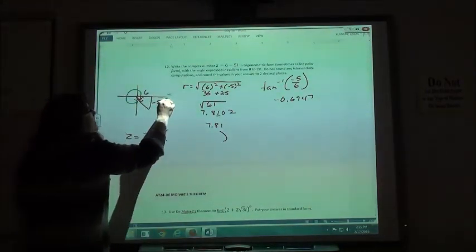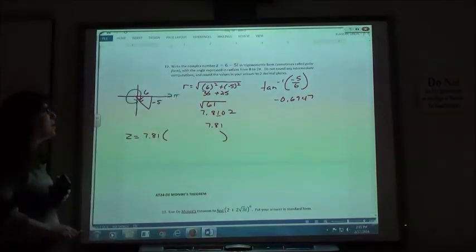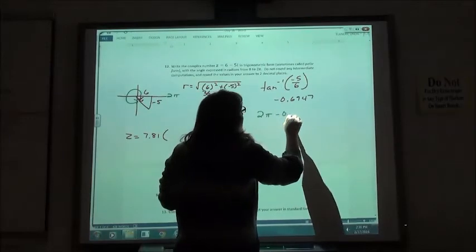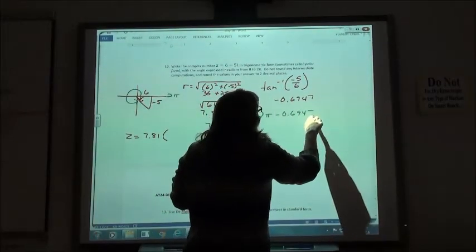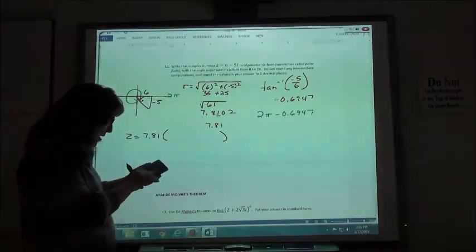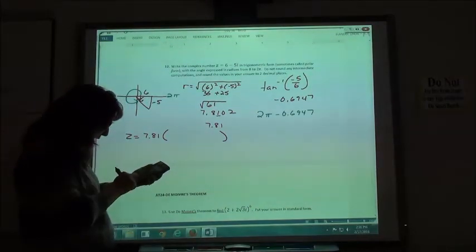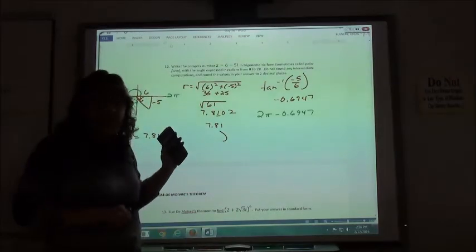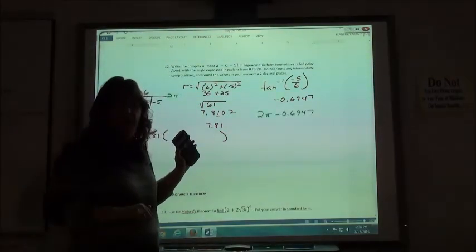So in this case, 2 pi would be all the way around. I'm going to take 2 pi minus my 0.6947. So on my calculator, I'm going to do 2, shift, and get the pi button. You could use 3.14159 if you don't have a pi button.